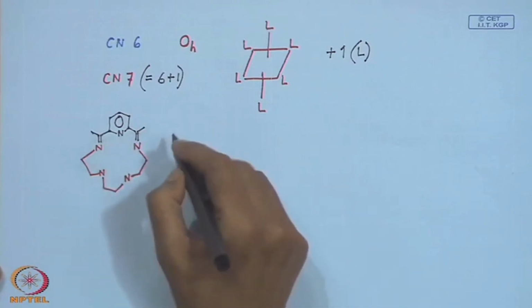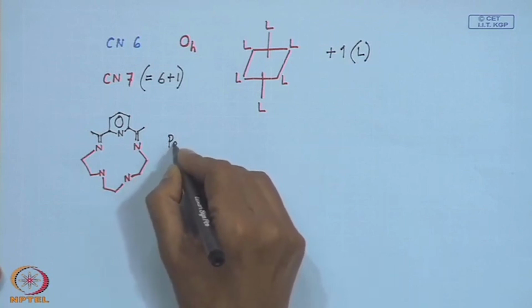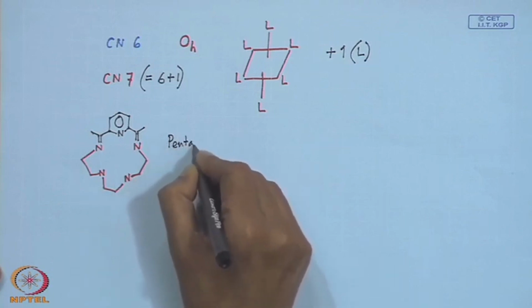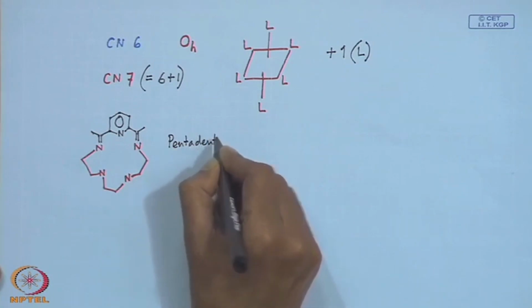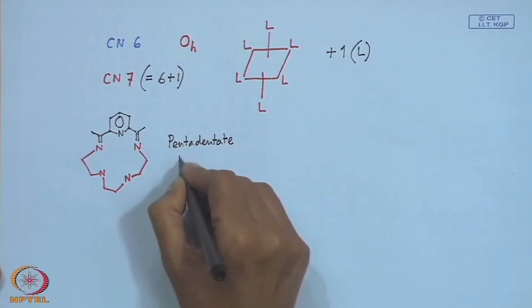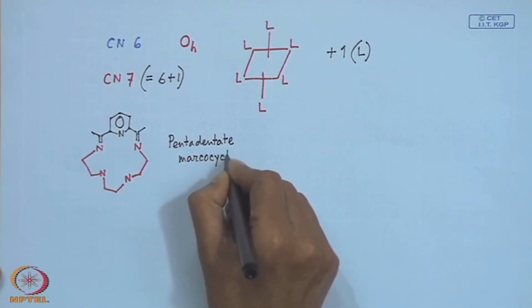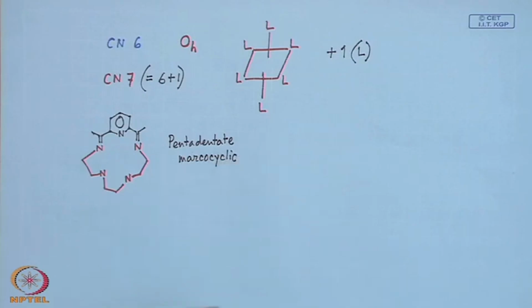Since it is a typical cyclic ligand, it can be labeled as a pentadentate macrocyclic ligand.